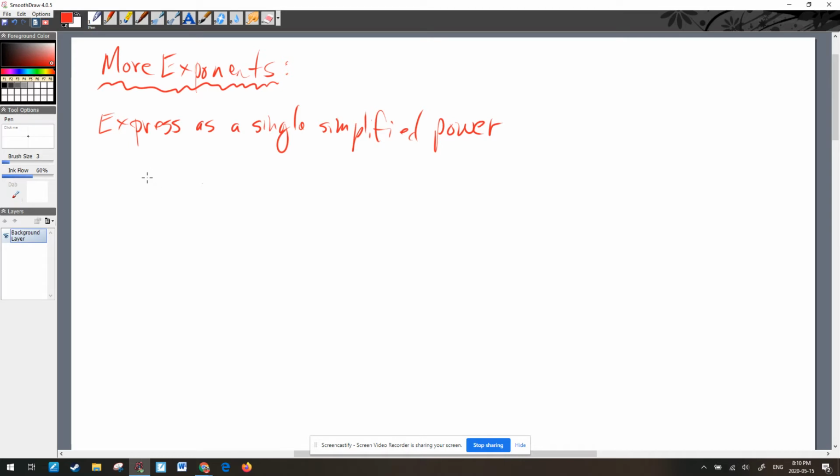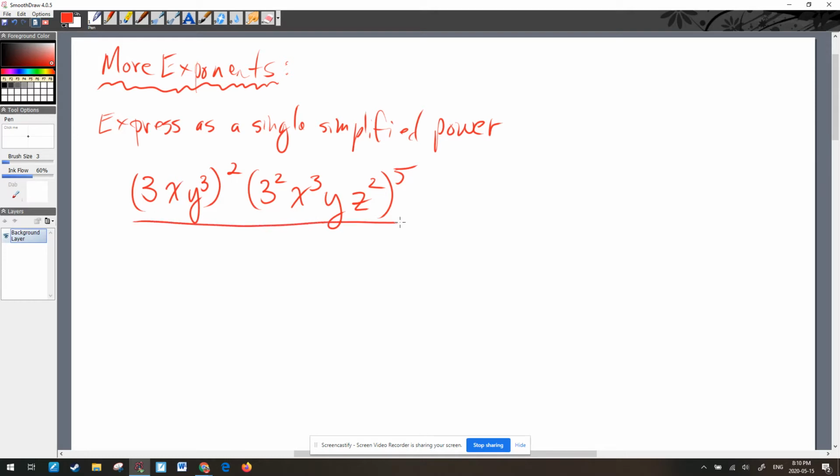So how about if we had 3xy cubed, squared, times 3 squared x cubed y z squared, to the fifth, all over 3 cubed x to the negative 4 y z cubed. Okay, so express that as a single simplified power.